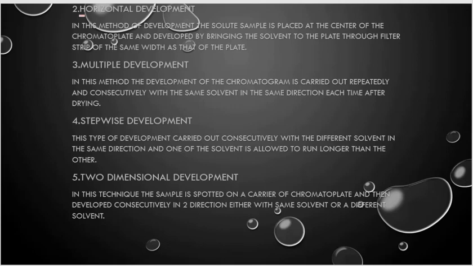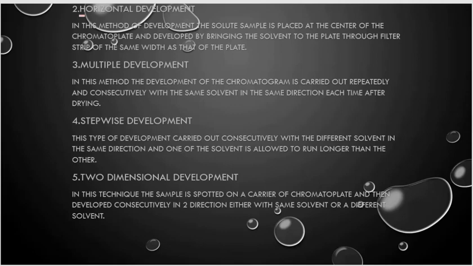Multiple development means to develop the same chromatogram multiple times in the same direction after drying of the first one. It means the chromatogram is developed, dried, then developed, then dried, then developed, and then dried in the same direction. This process is known as the multiple development chromatogram.